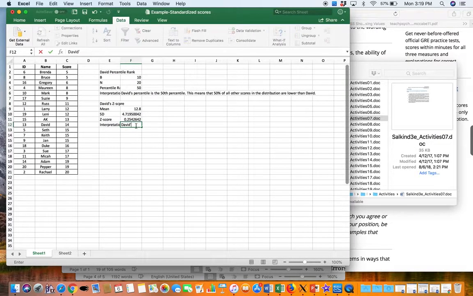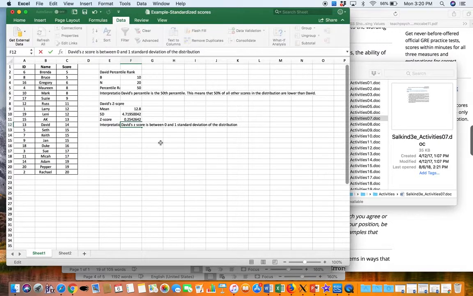So David's z-score is between 0 and 1 standard deviation of the distribution.